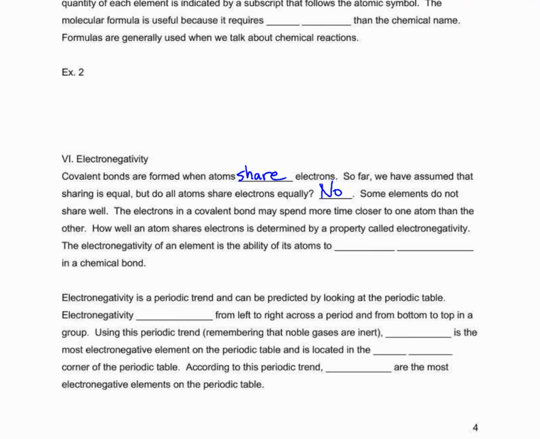And it's determined by a property called electronegativity. The electronegativity of an element is the ability of atoms to attract electrons.